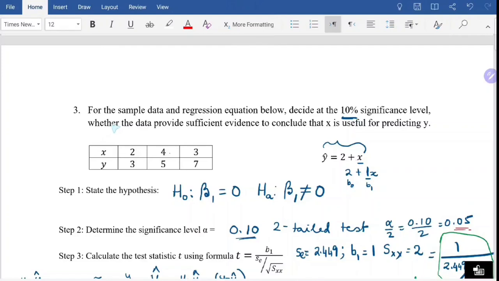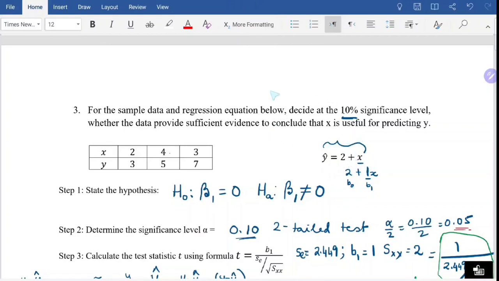And the question says, for the sample data and regression equation below, decide at the 10% significance level whether the data provides sufficient evidence to conclude that x is useful for predicting y. So this is the data given to us, and associated with it, we are also given the sample regression equation, y hat equals 2 plus x.